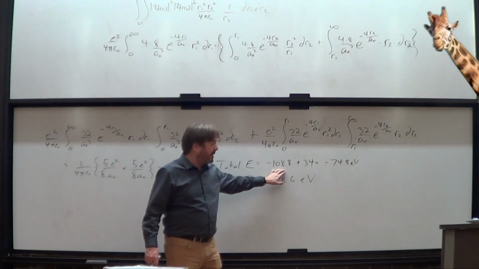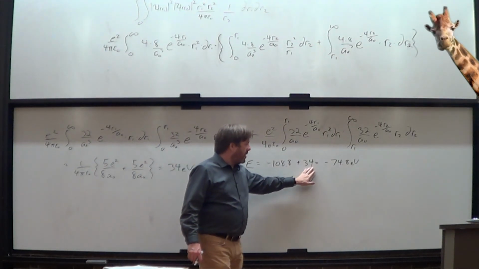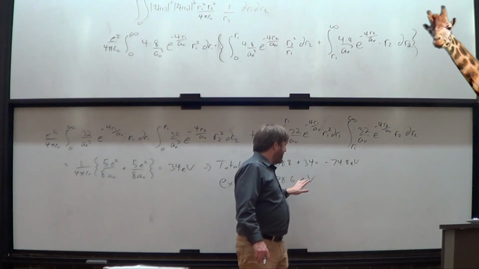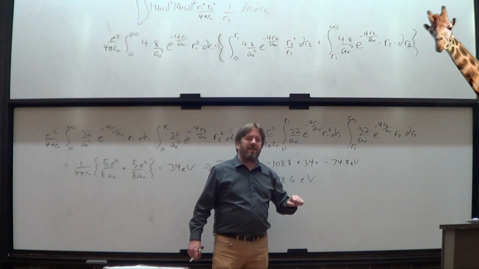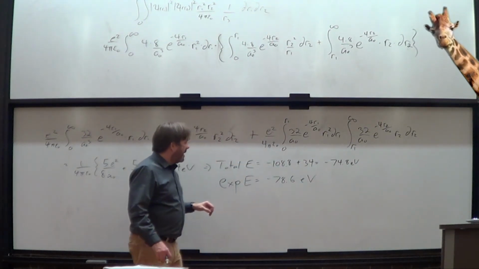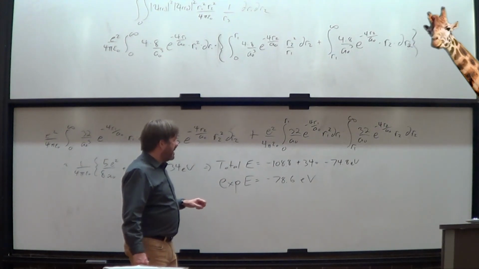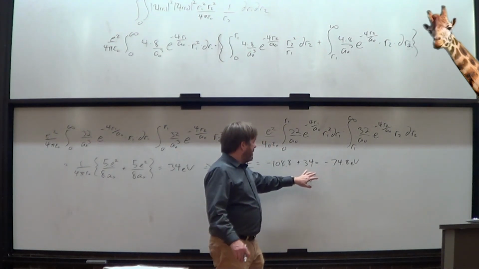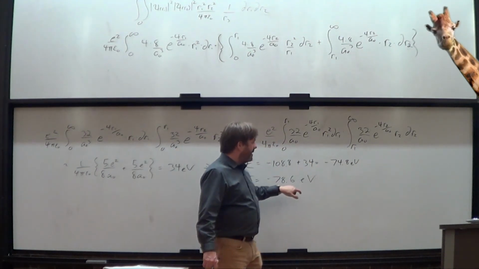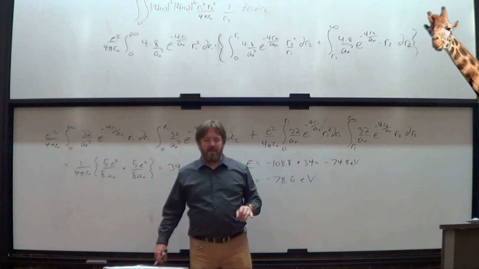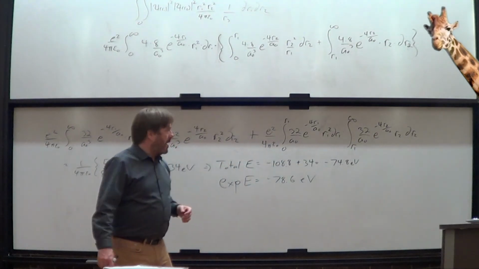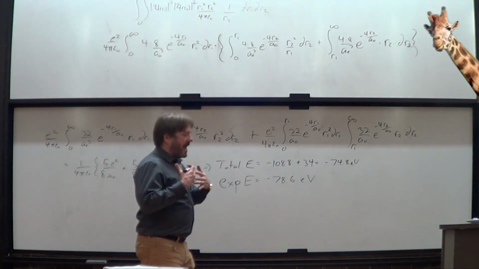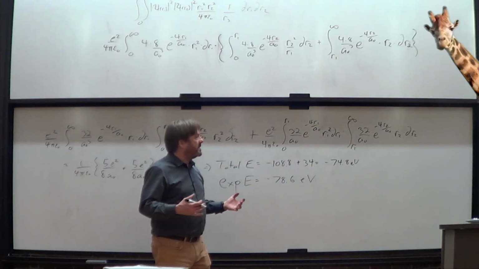That's absurd. With the first order, look how close we get. I think it's about 2%. No, that's a lot more than 2%. Anyway, about 4%. Obviously, 74 from 78 is way, way closer. So there you go. That's perturbation theory. That's how it works.